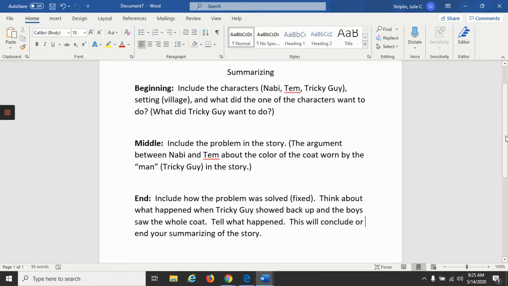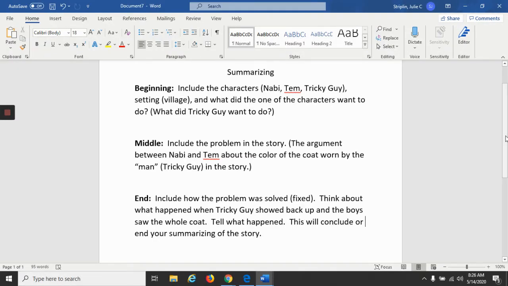Well, we know that in this story, Tricky Guy, he's the one that wanted to do something. So we need to tell in our own words, what did Tricky Guy want to do? So that's the beginning, guys. That's all you need to include. Characters, the setting, and then just tell about what in particular did one of the characters want to do. Okay? So now you can go to the middle.